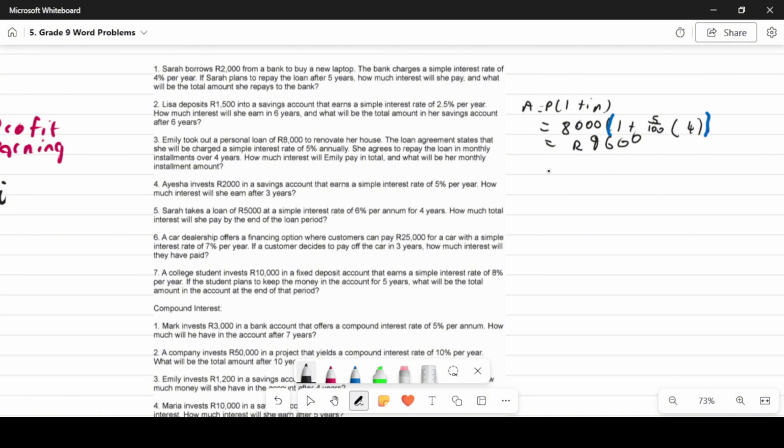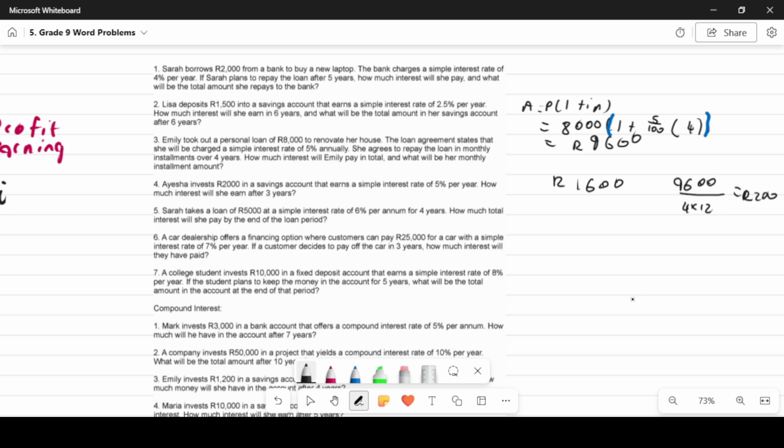How much interest will she pay? It will be 9,600 minus 8,000, which is 1,600. And the monthly installments will be 9,600 divided by 4 times 12, which is 9,600 divided by 48, which is 200 Rand per month.